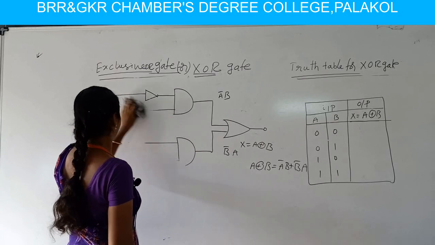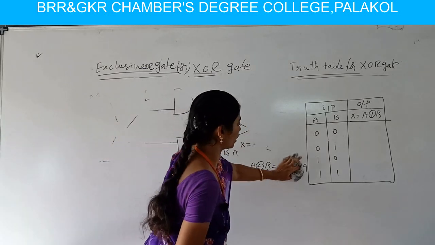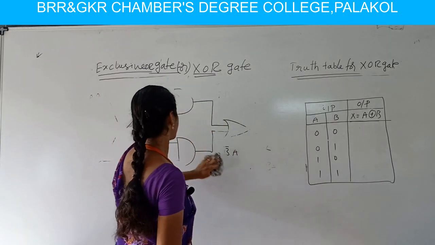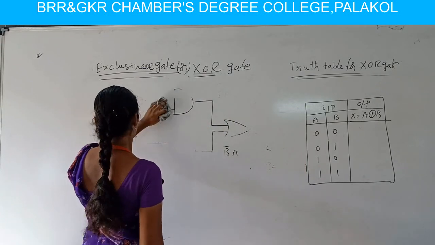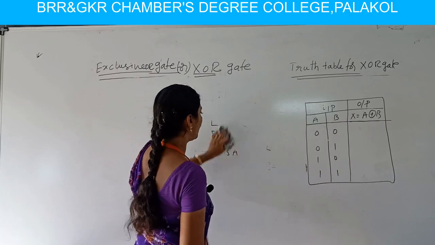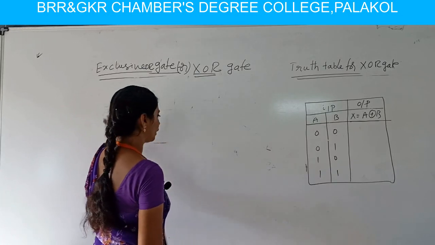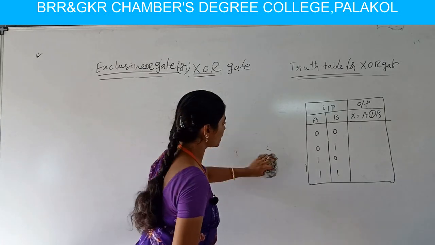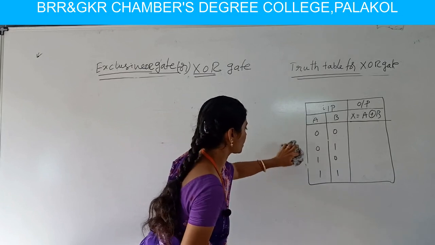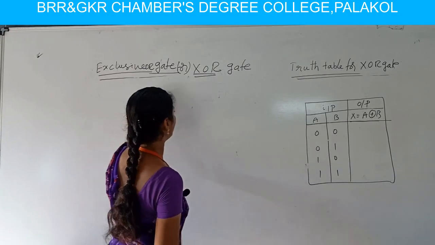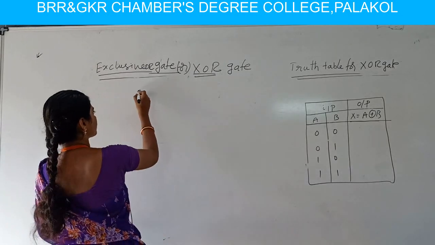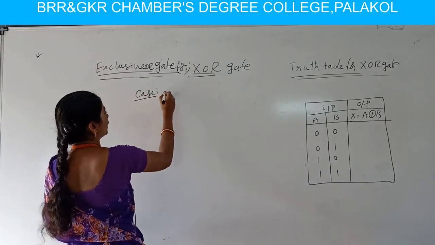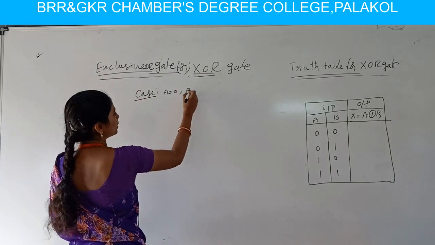Next we explain the 4 cases considered in our truth table: A0 B0, A0 B1, third case A1 B0, and fourth case A1 B1. First we discuss the first case, A0 and B0.